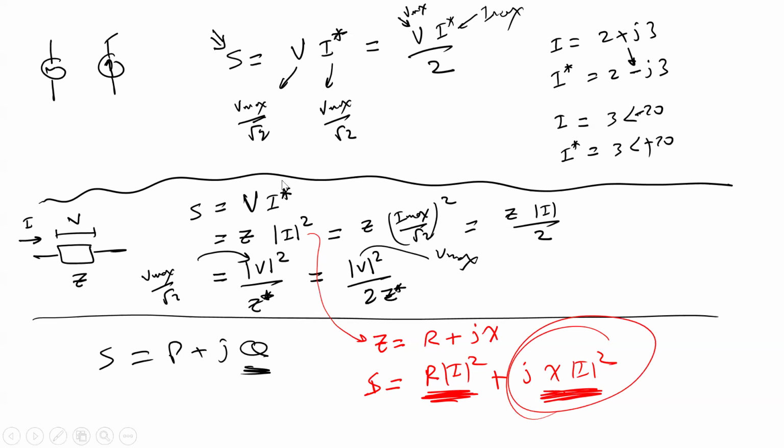Anyway, the next thing I'm going to teach is the formula for the power factor. How can you calculate the power factor? I told you the power factor is cosine of theta V minus theta I. So the question is how I can get theta V and theta I. Number one, this is a very straightforward way.